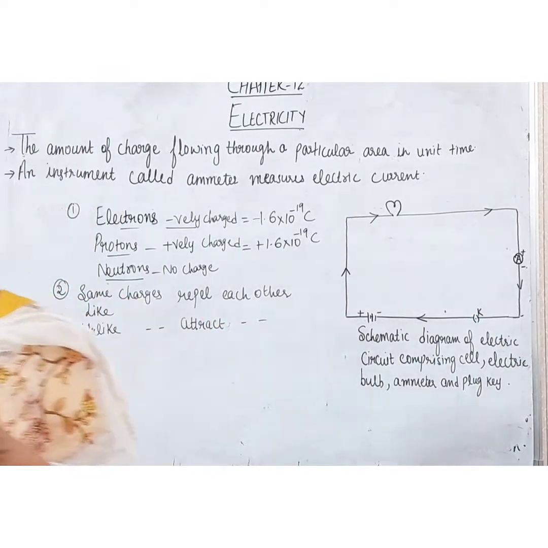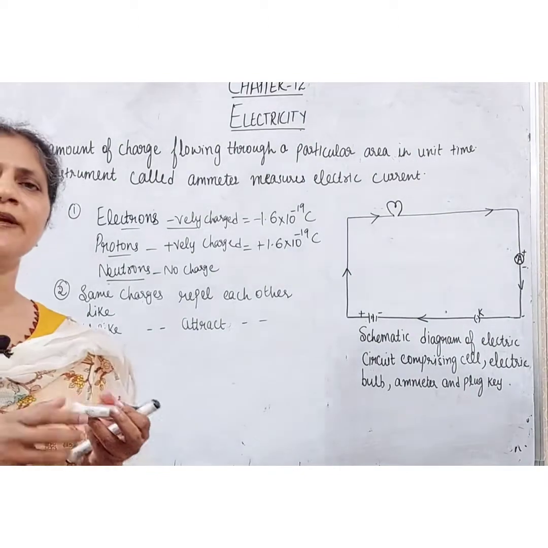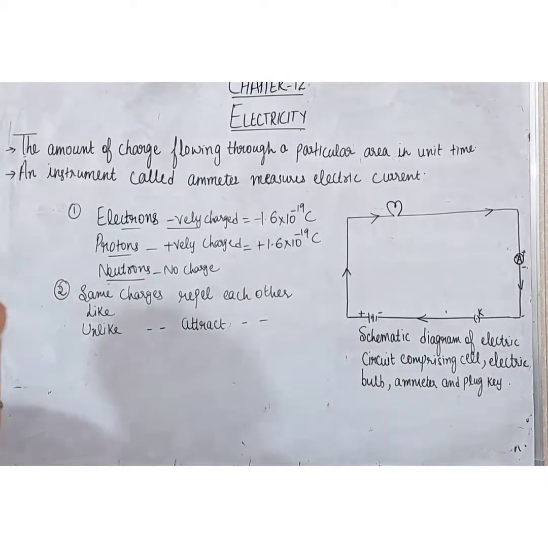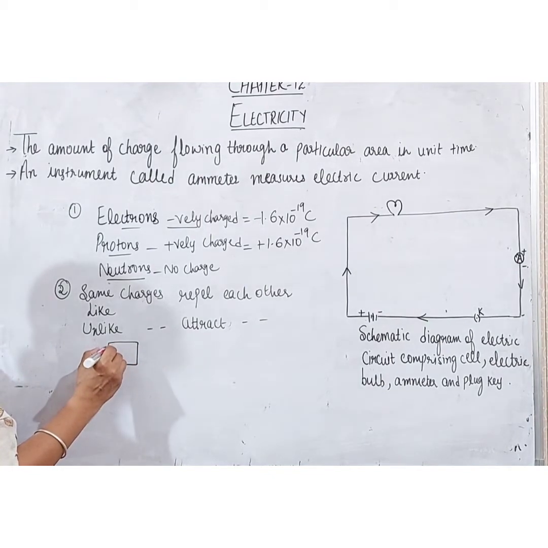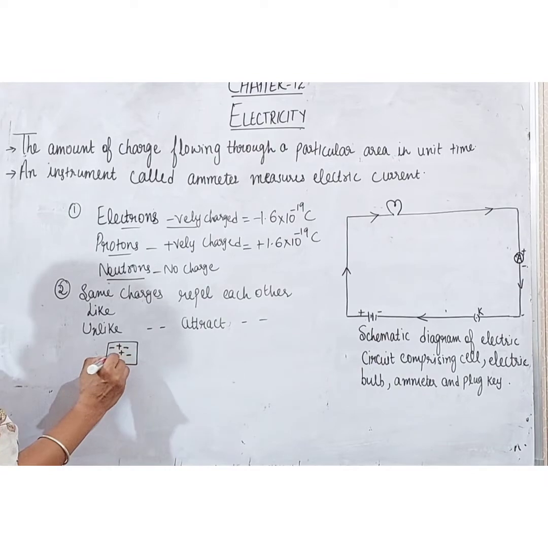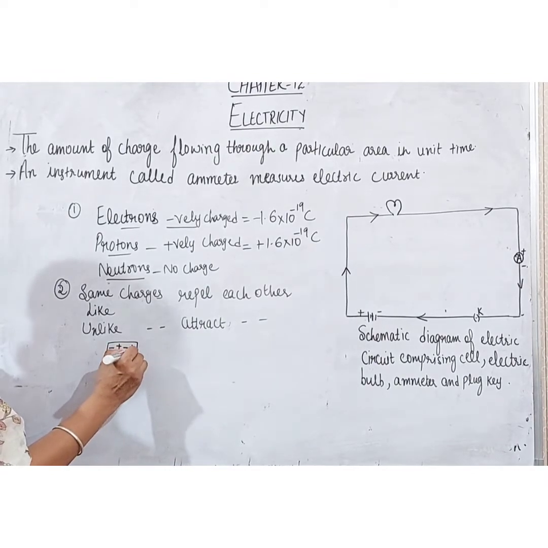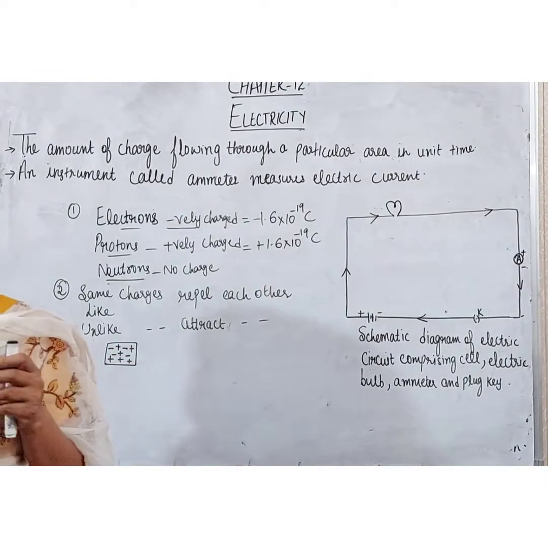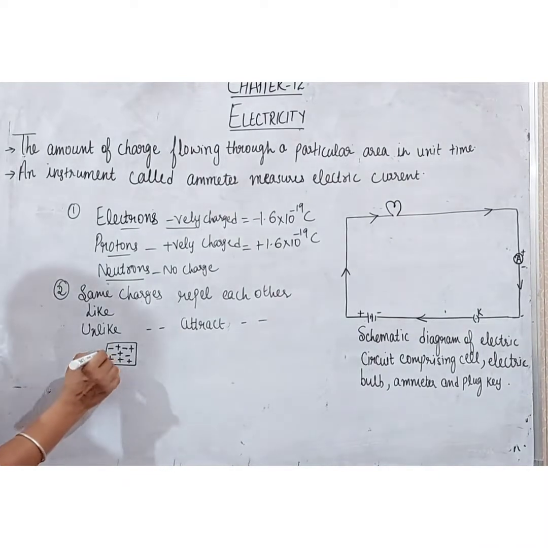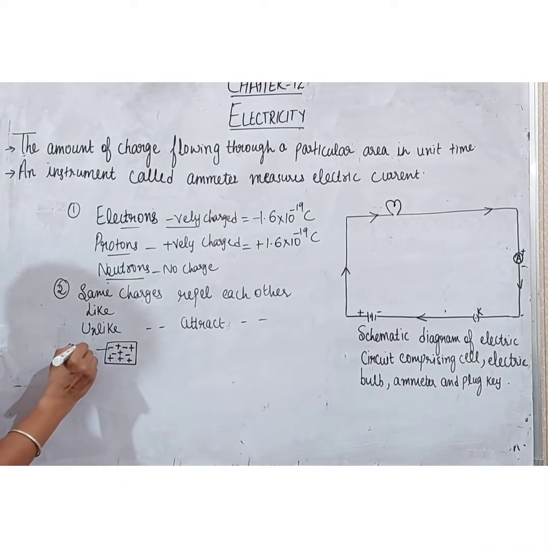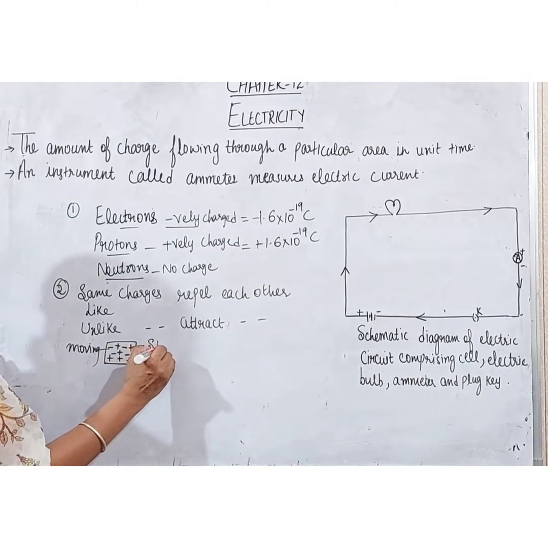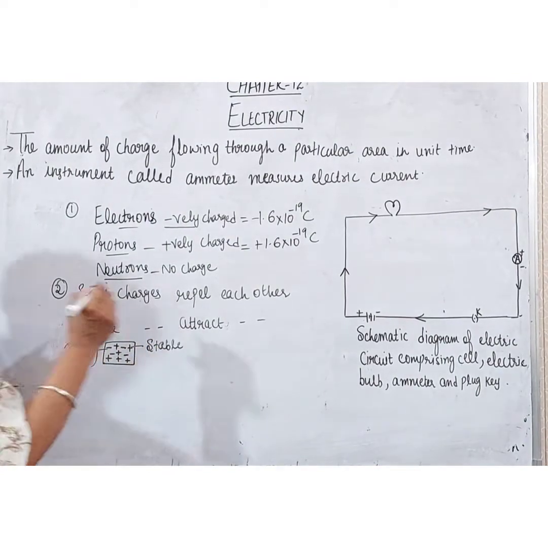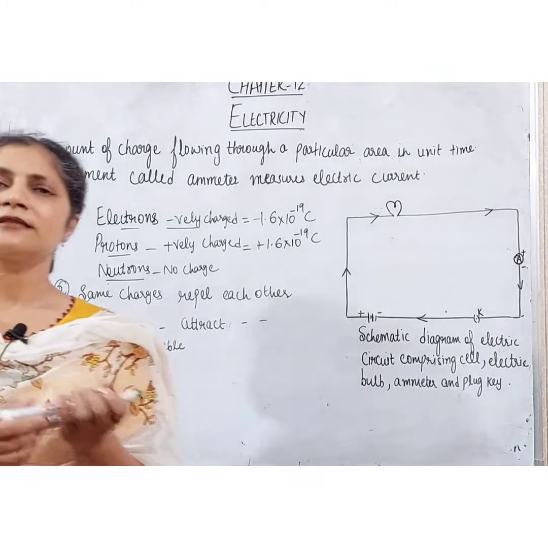These are the few things which you have to keep in your mind. Now students, suppose I have taken one substance in which there are electrons and there are protons. Remember one thing, that electrons are always moving, and protons are always stable.